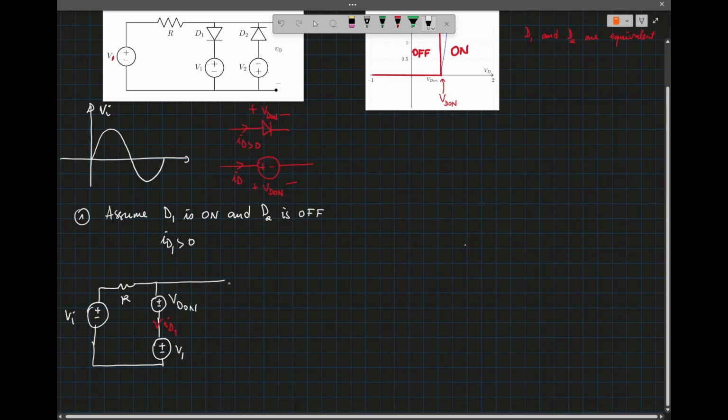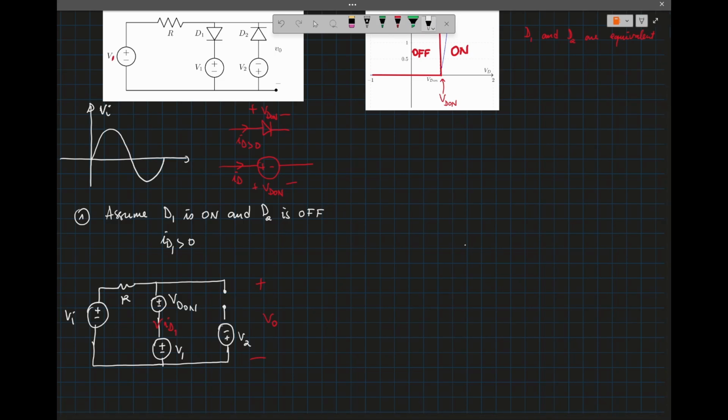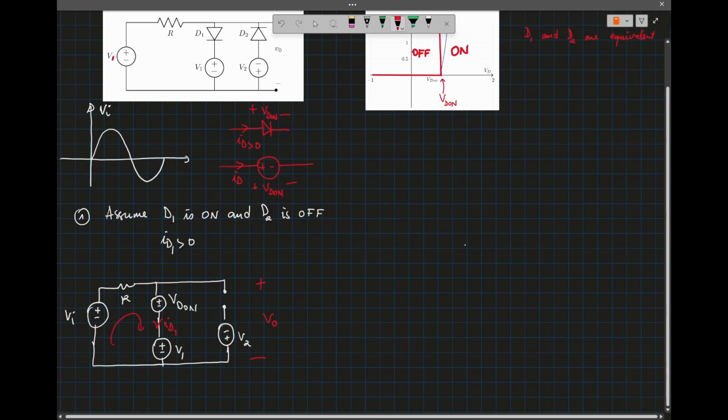And diode number 2, D2, is off, but we have the second bias voltage V2 there, and the voltage across here is the output voltage that we're trying to solve for. So I can write KVL going through this loop.